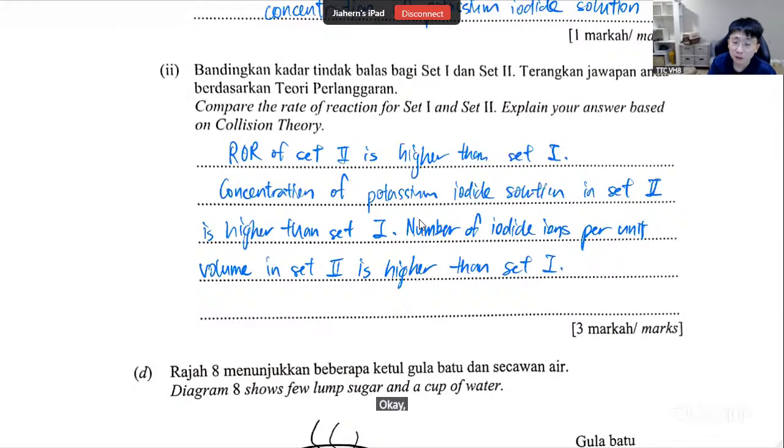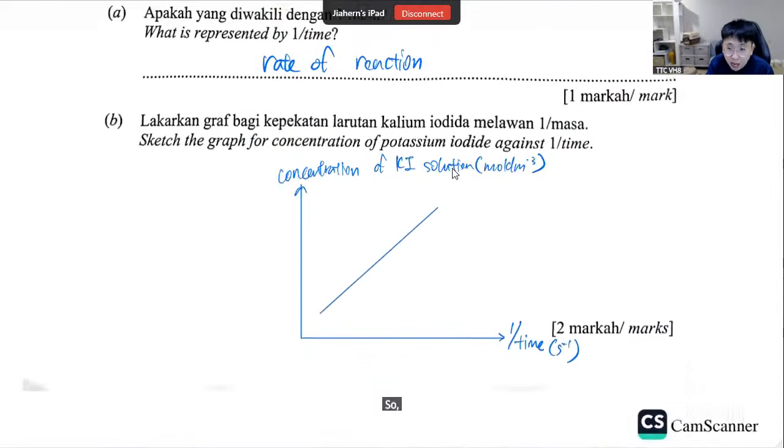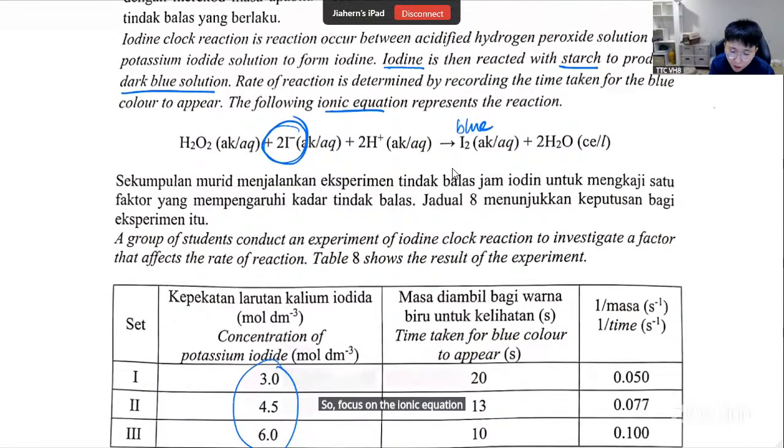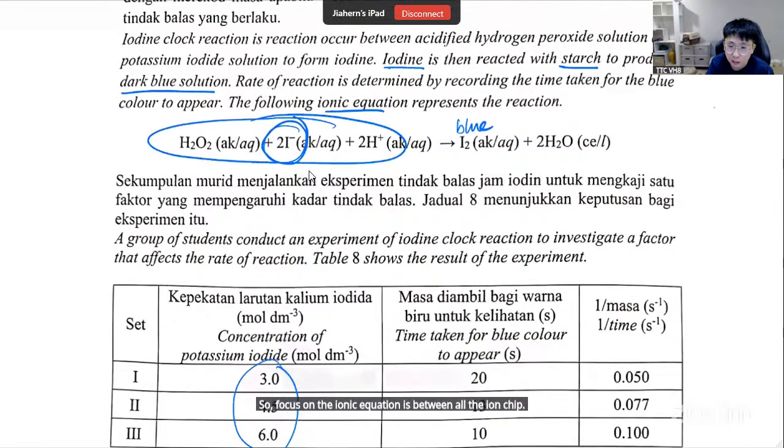Okay, then the last 2 sentences is what? FOC and FOEC. So what is FOC? Frequency of collision. What is FOEC? Frequency of effective collision. But guys, if you write these 2 things, no mark again. You must say frequency of collision between who and who. So focus on the ionic equation, which is between all the ions here. So it's the collision between H2O2, I minus, and H plus.